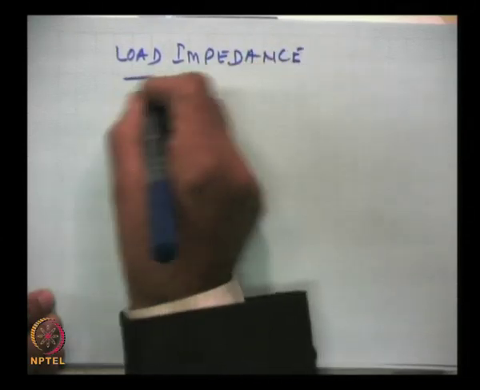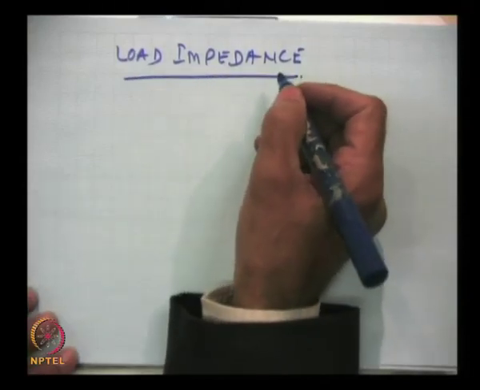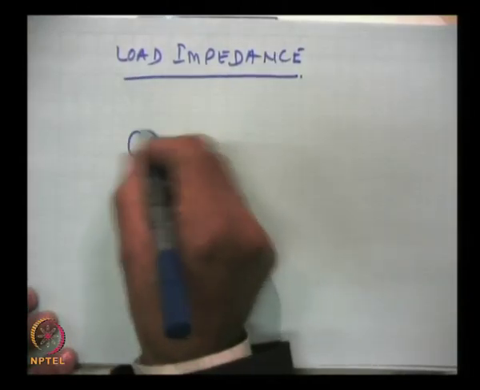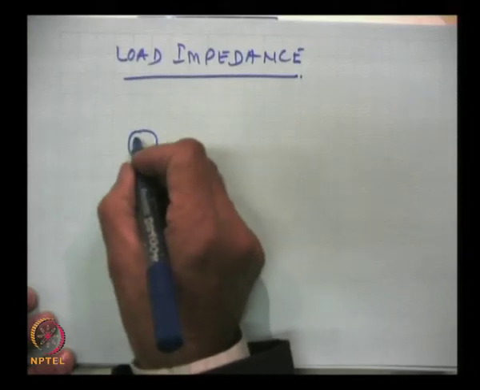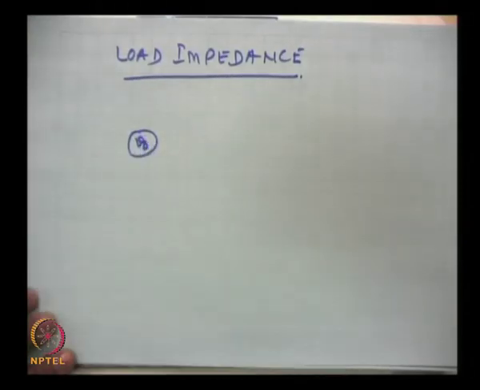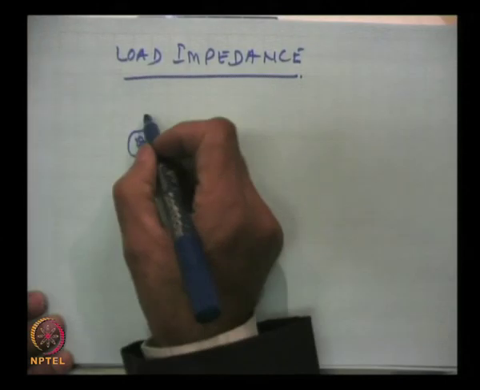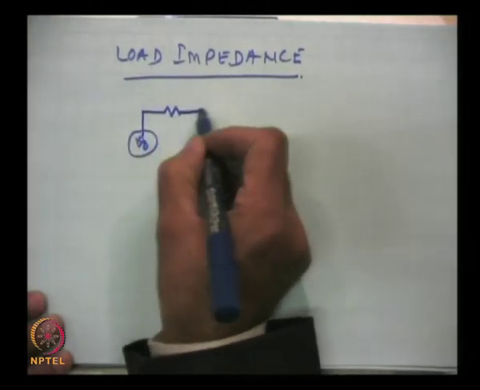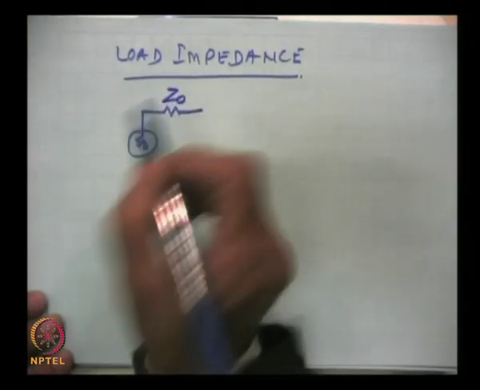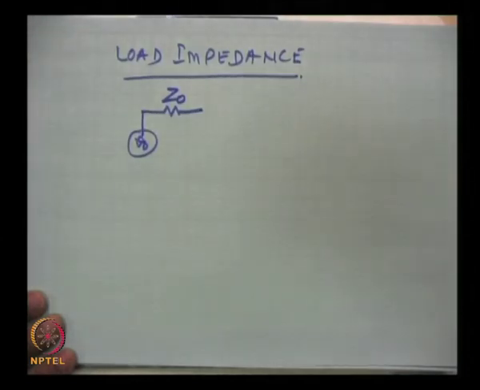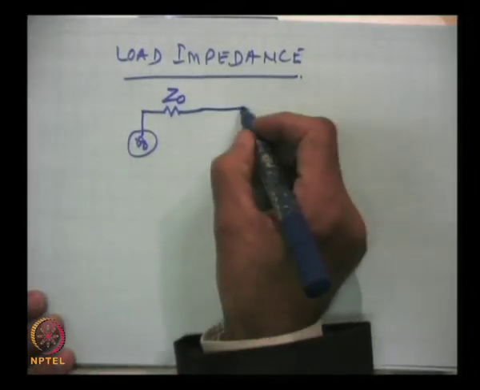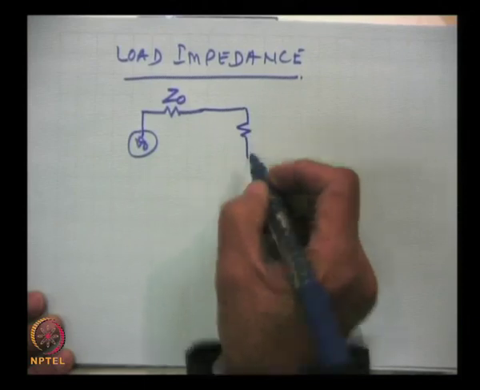Load impedance. The output of the amplifier will give the output V 0, and every amplifier has an output impedance which we are writing as Z 0. Now, to this we connect the load.